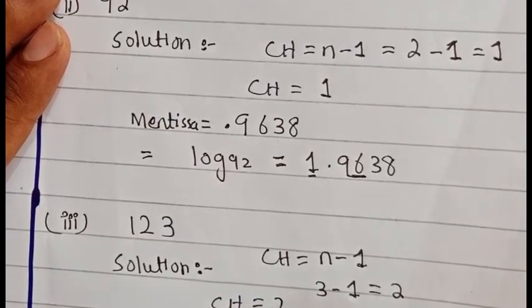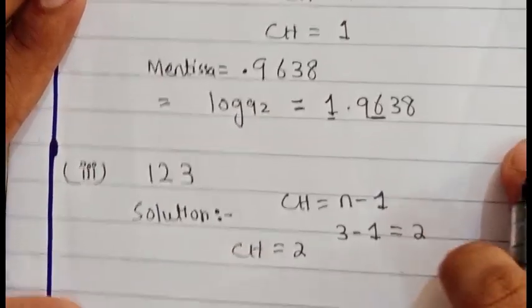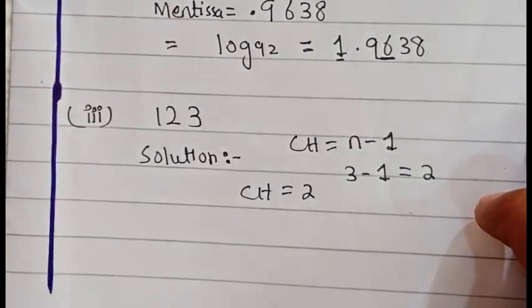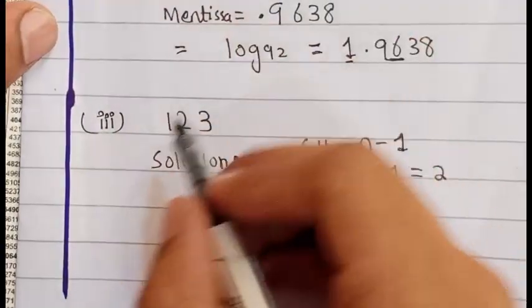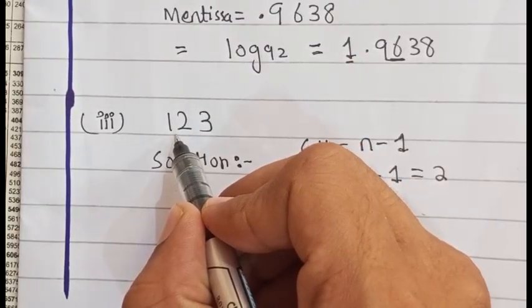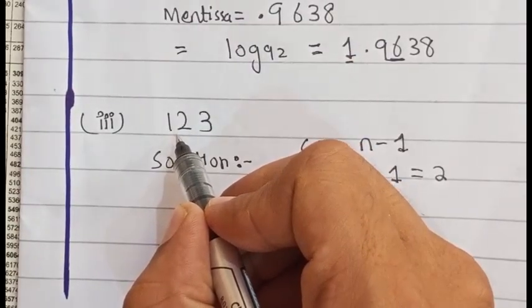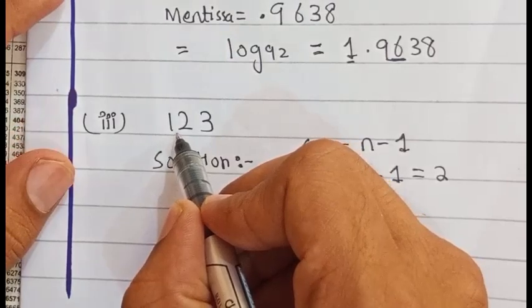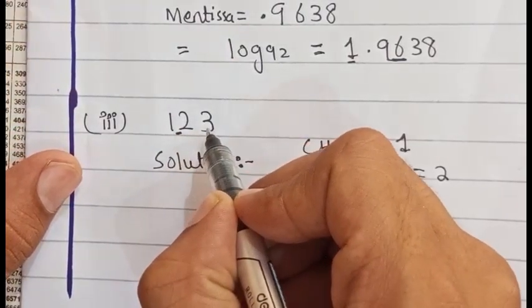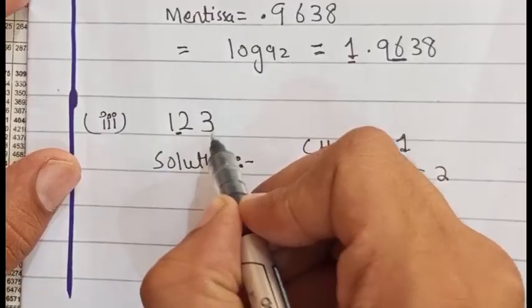Characteristic is 2, okay. Now how do you find the mantissa? By using the table. As you know, it is 123. So you will find 12 in column 3. What is the value of 12 in column 3?